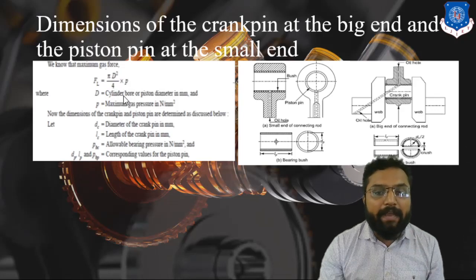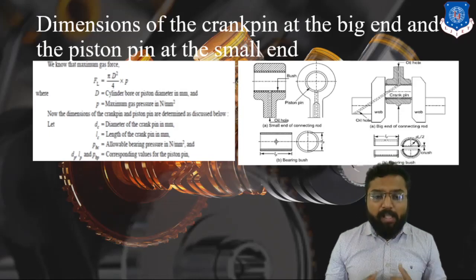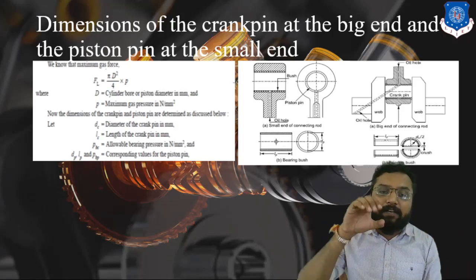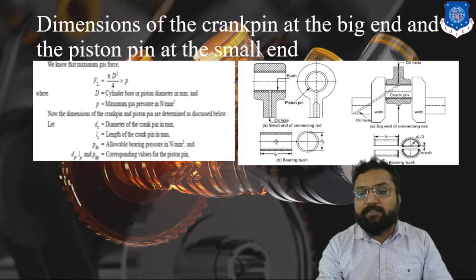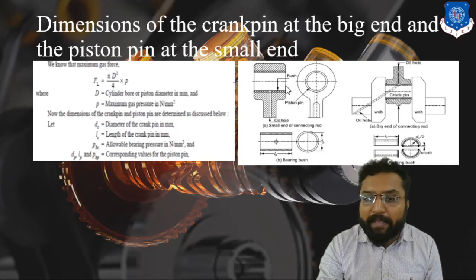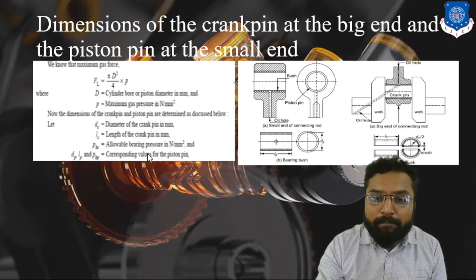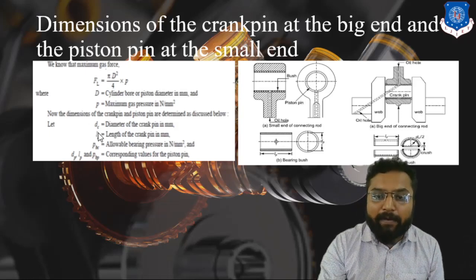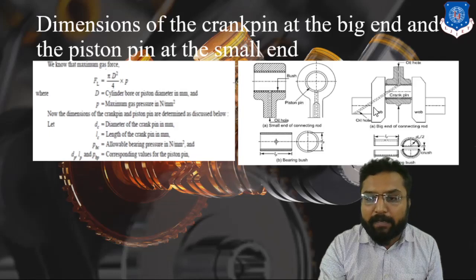So this acts on your piston pin, and due to this force your piston pin comes under lateral force, which is also called bearing stress, on this lateral area. There will be a rubbing effect between your piston pin and small end, and crank pin and big end, so that will create a bearing pressure. Here we have considered the allowable bearing pressure for the crank pin as well as the piston pin. DC is the diameter of the crank pin, LC is the length of the crank pin. Clear?